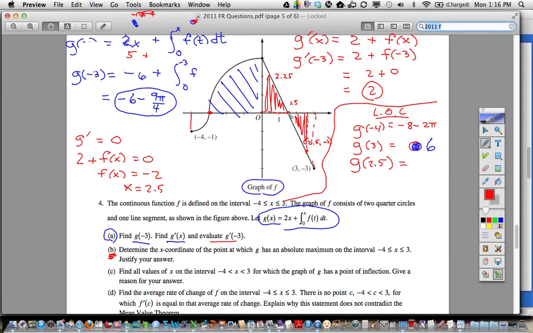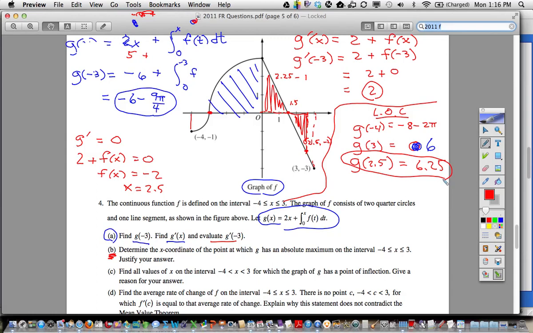And then this one is going to go over 1, down 2. So that's 2 divided by 2 is 1. So it's going to be 2.25 take away 1, so that's going to be 1.25. So it's going to be 5 plus 1.25, 6.25. There it is. There's my math. Now, the question said, what's the x-coordinate? So the answer would be at x equals 2.5. That would be your list of candidates area way of doing that problem.